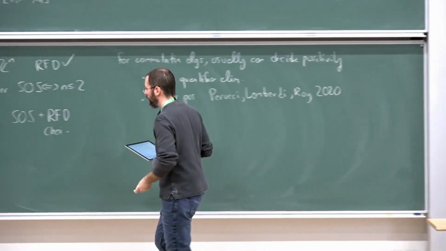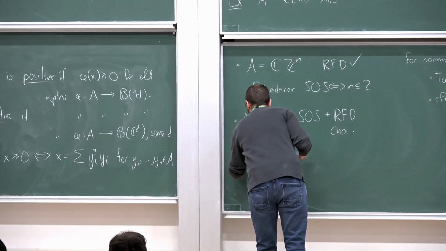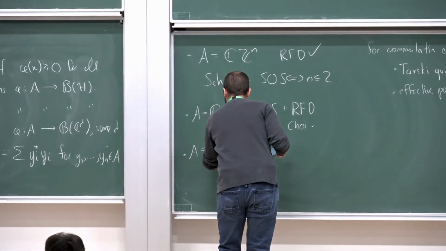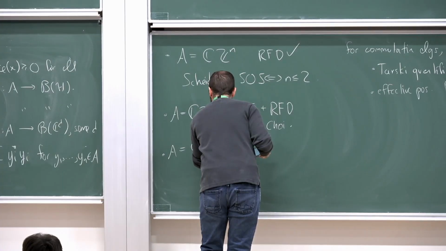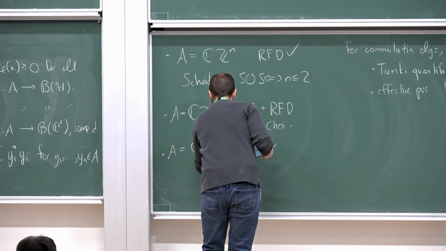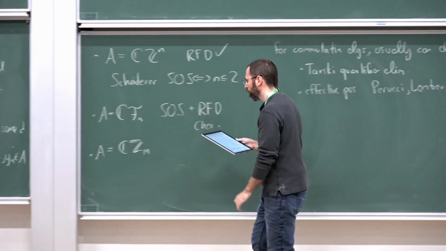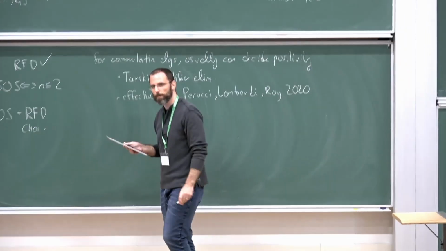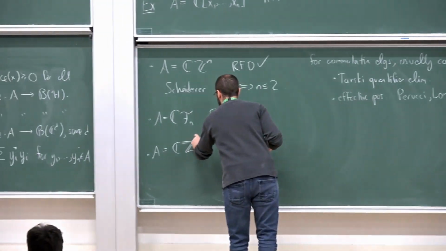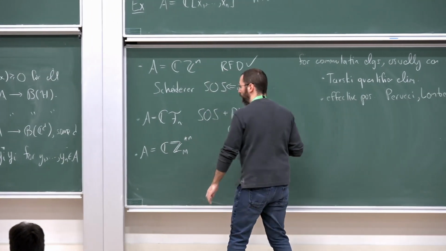Another example we might look at here for quantum information is, let's say, take the group Z_m, the cyclic group of order m, and let's take the free product of itself with itself n times.